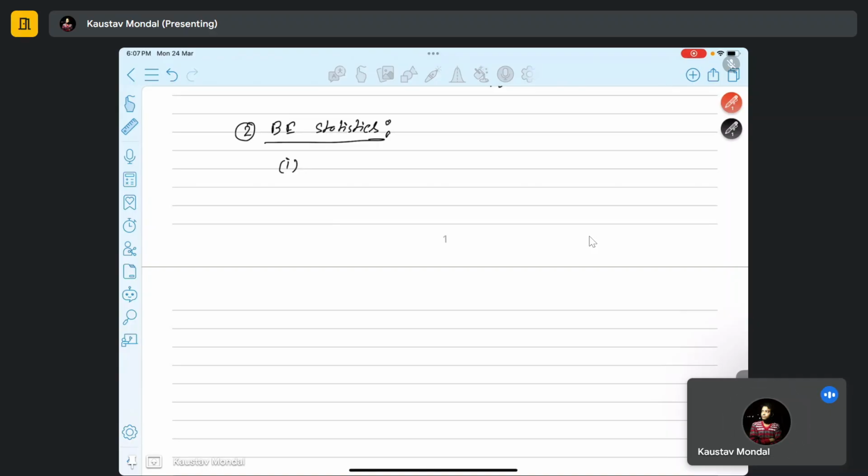So these are the three key features of the Bose statistics, and just like Maxwell-Boltzmann statistics, for Bose statistics also there is a particular distribution function that is obeyed by the bosonic particles. So let me first write out all the features.